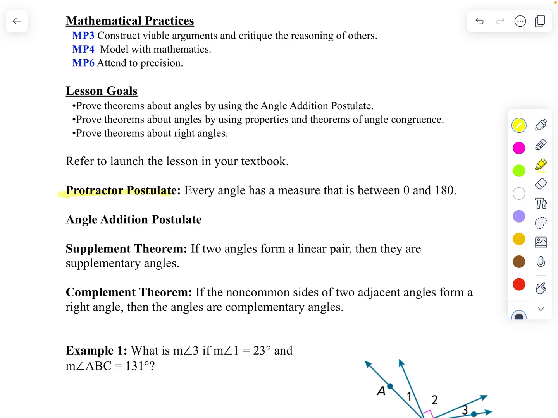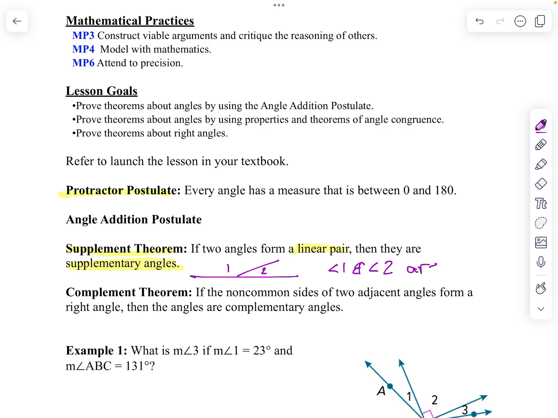Our supplements theorem tells us if I have a linear pair, I know those angles are supplementary. So for example, let me redraw that. That was a terrible drawing. If I have a linear pair of angles, like so, I know angle 1 and angle 2 are supplementary.